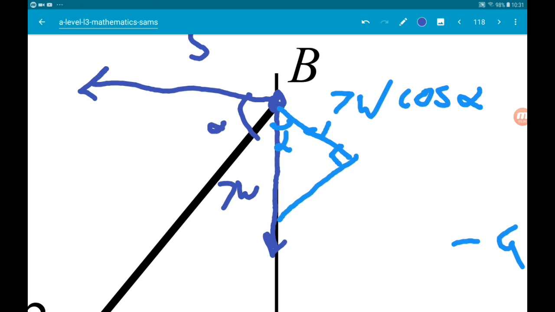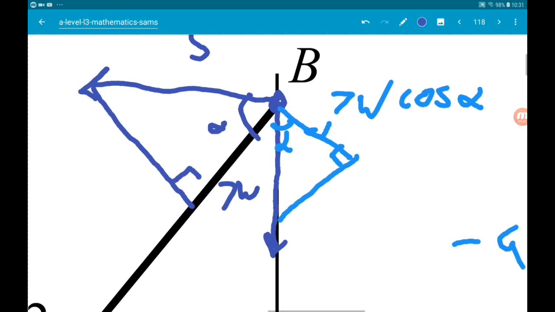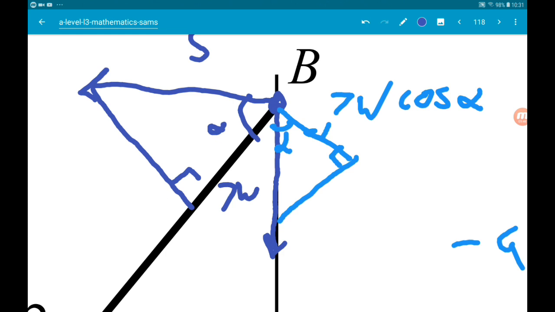Now we can make a triangle with the ladder. So what we want is this perpendicular force that is opposite to the angle.